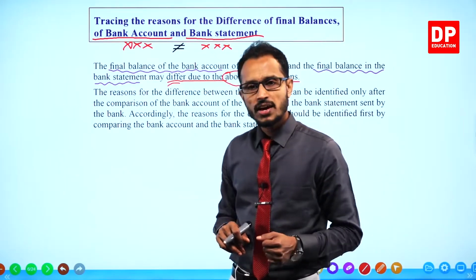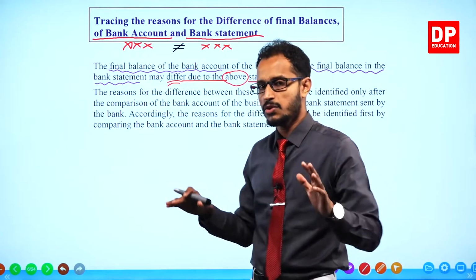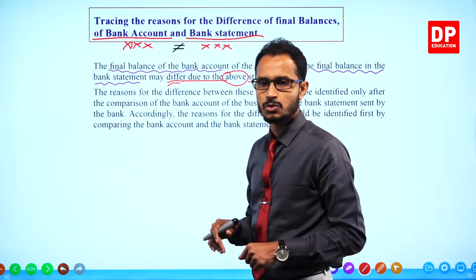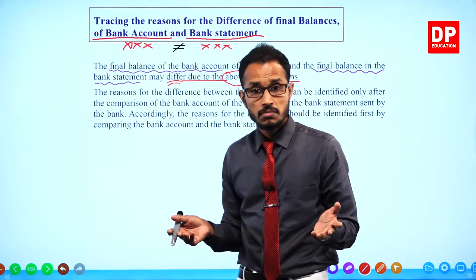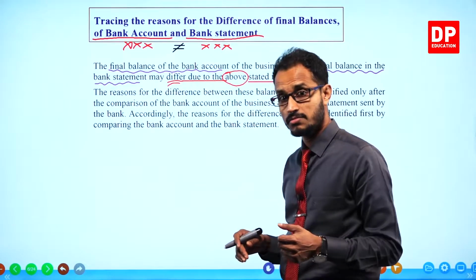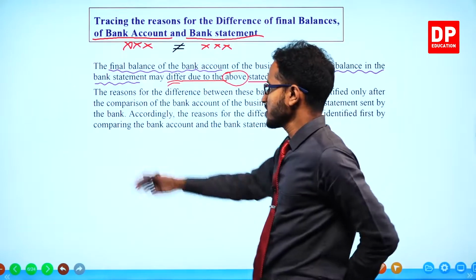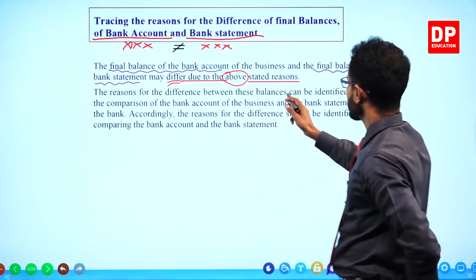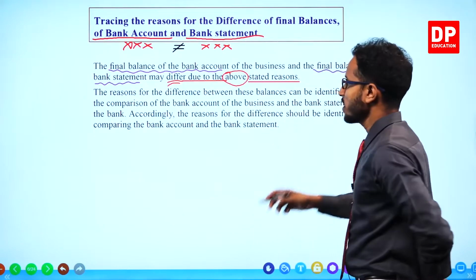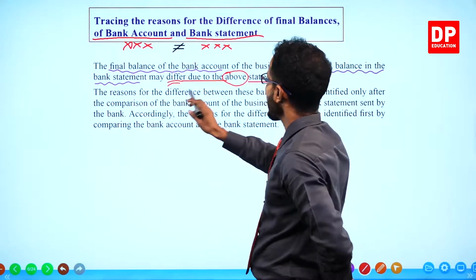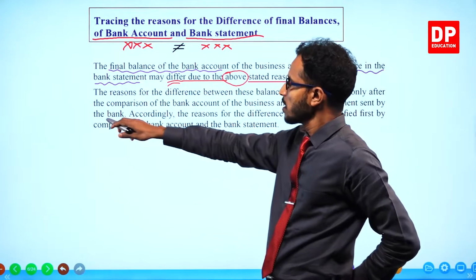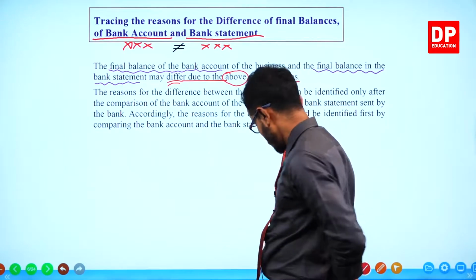And children, now we are going to rectify, or trace out and correct those. That is what we do by saying that we are doing a bank reconciliation. The reasons for the difference between these balances can be identified, can be traced out, only after comparing the bank account of the business and the bank statement sent by the bank. Only by comparing.